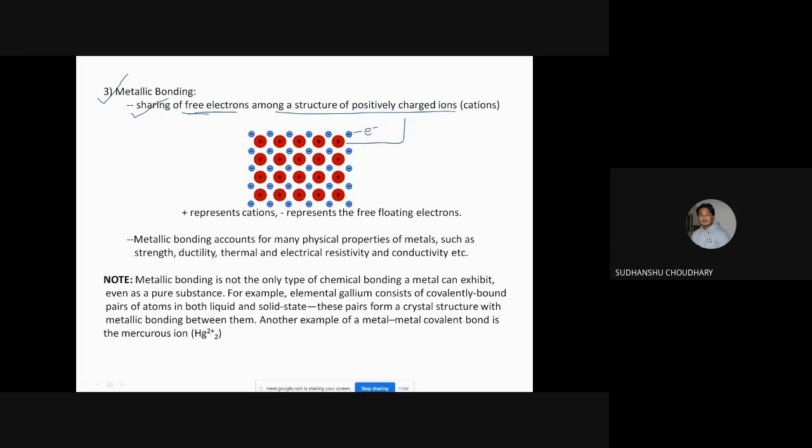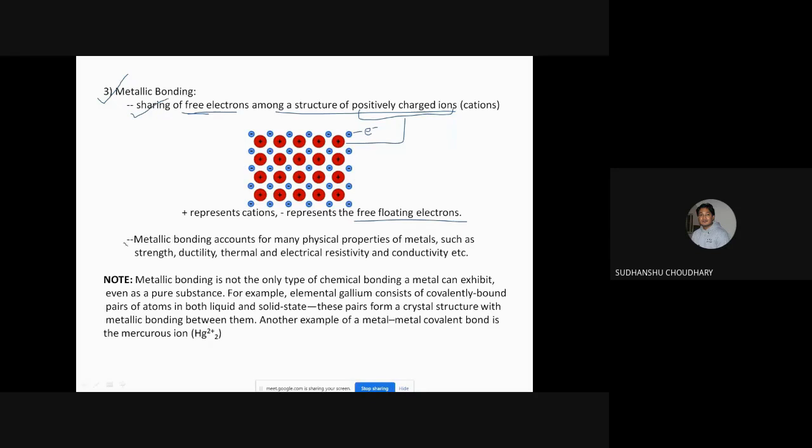So this is my positively charged ion, and the electrons associated with it are what we call free, floating electrons. Okay. So metallic bonding is possible by sharing of free electrons among a structure of positively charged ions. So all these are positively charged ions which have free electrons. Okay. So these free electrons can be shared to form metallic bonding.